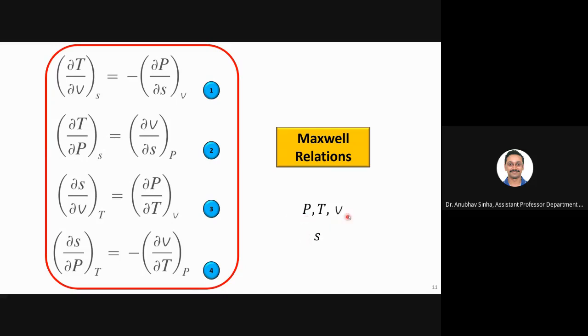These are easy to measure: we can easily measure the delta P using a pressure gauge, and we can easily measure the delta T and specific volume change. By measuring all that, we can obtain the change in S, delta S. That is why Maxwell's relations are so important, because they help us express S, which is otherwise difficult or not possible to measure. We can just relate these terms and calculate the change in entropy.